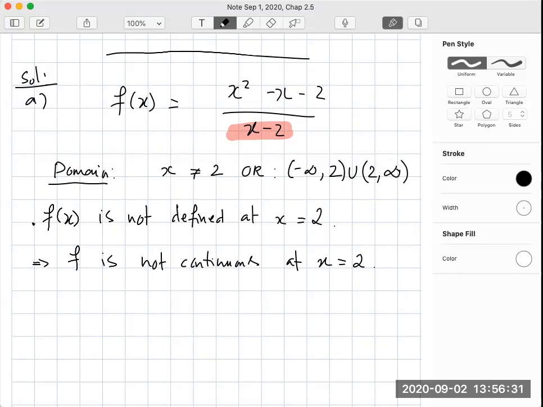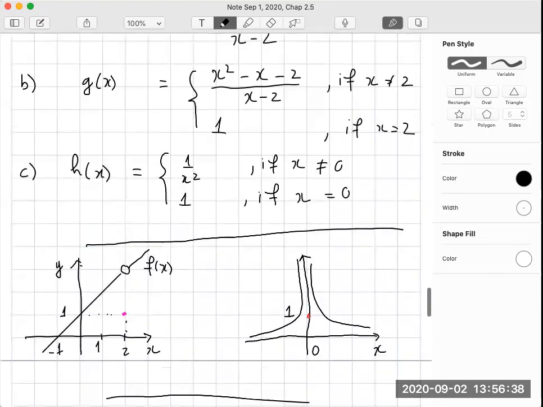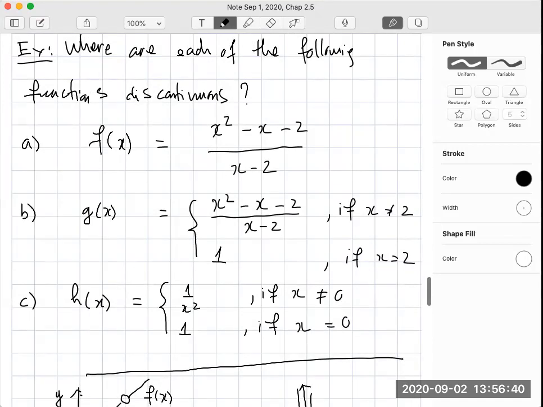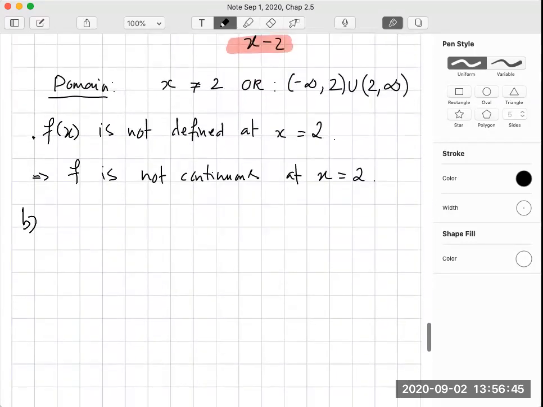Now, let us continue, let us solve B. Okay? B is exactly the same function, but there's one more range at x is equal to 2. That is the only difference.